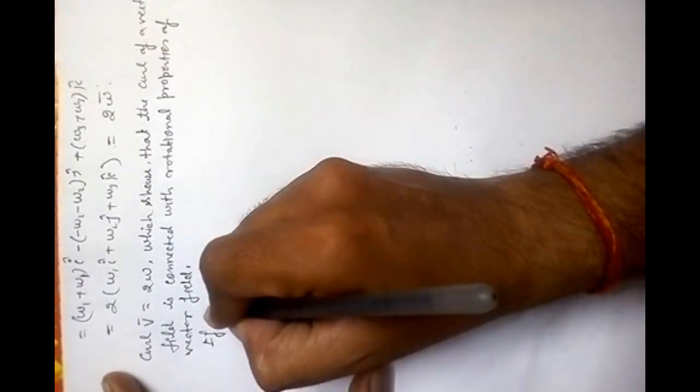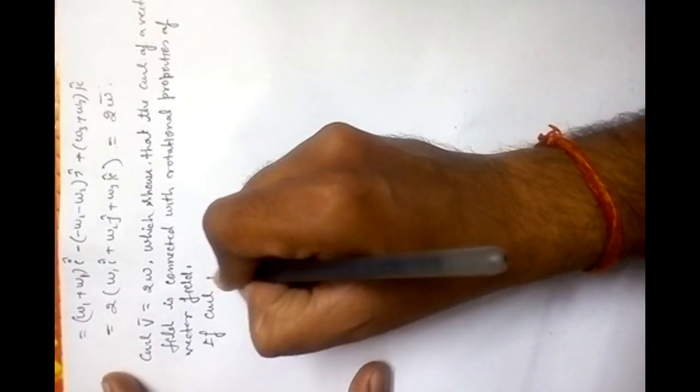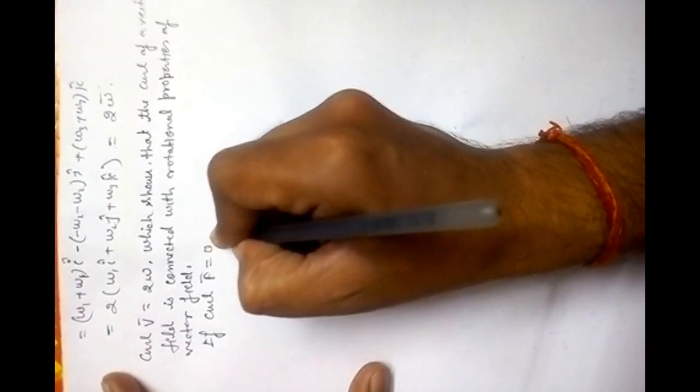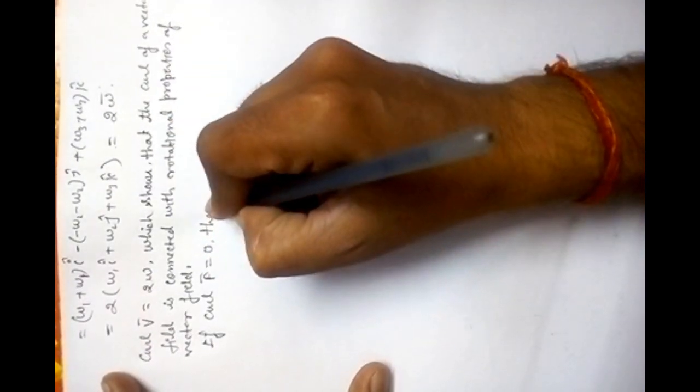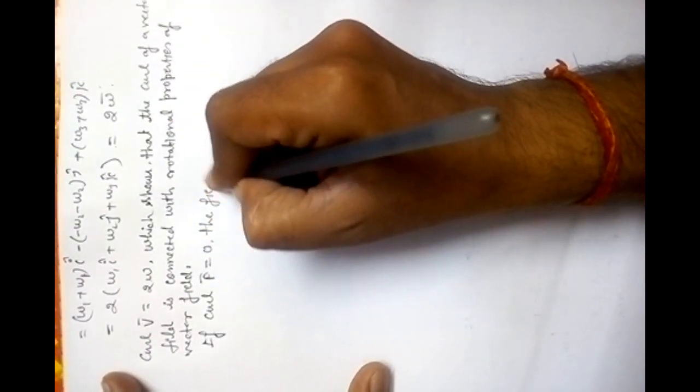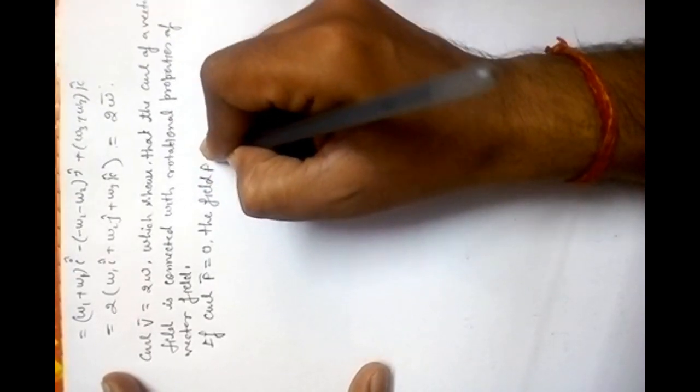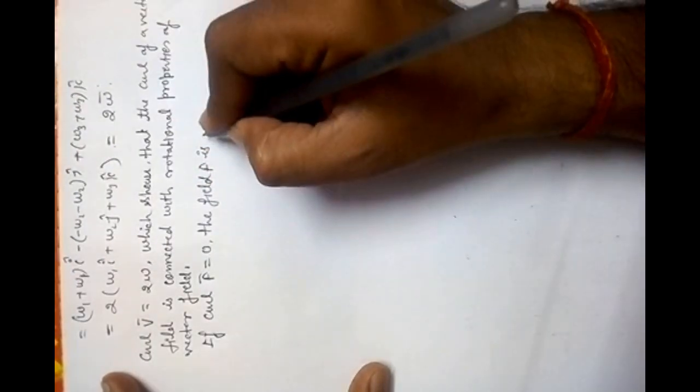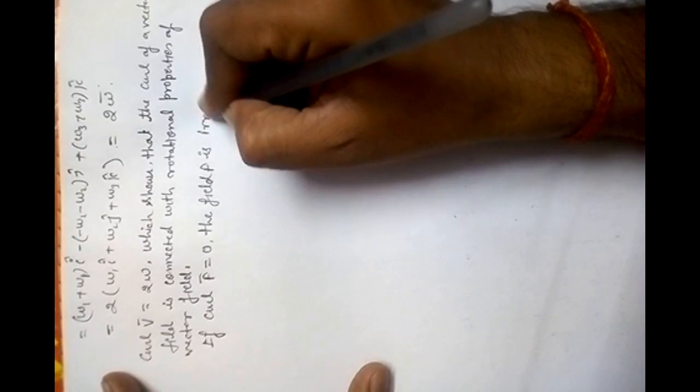If curl of f equal to 0, that means the field f is irrotational.